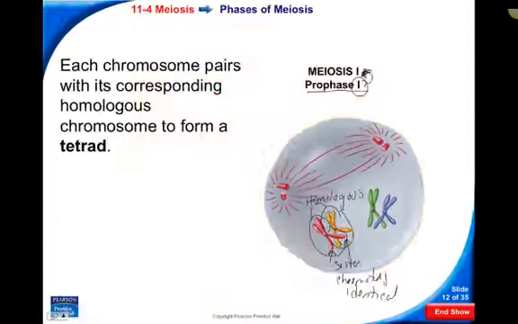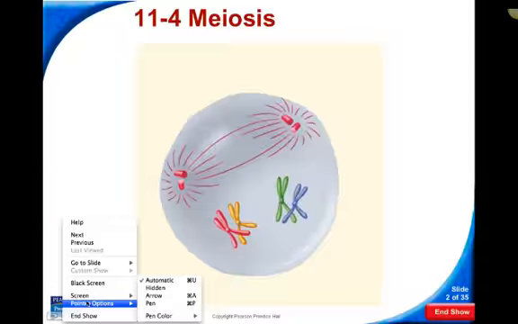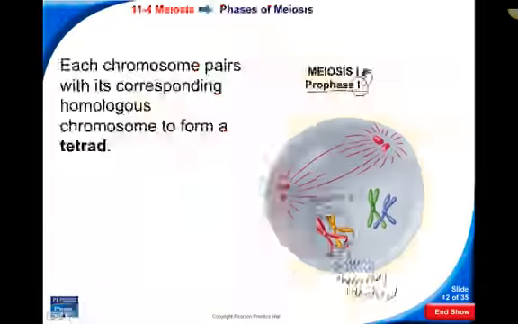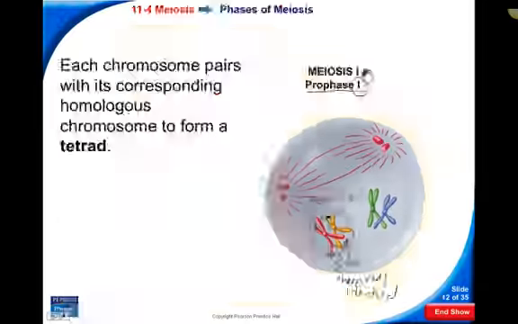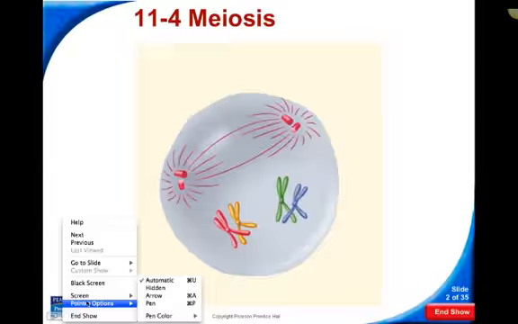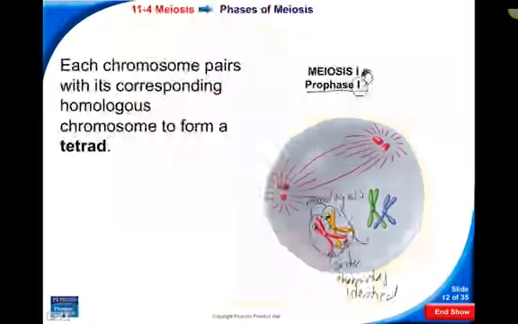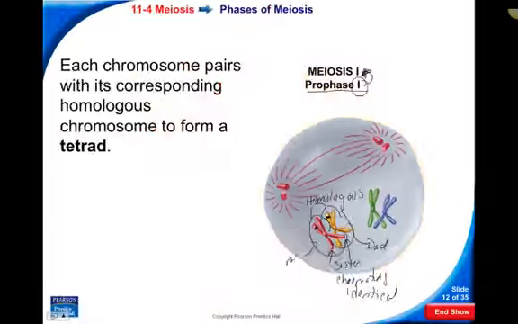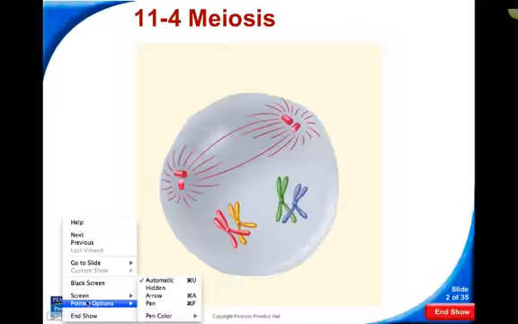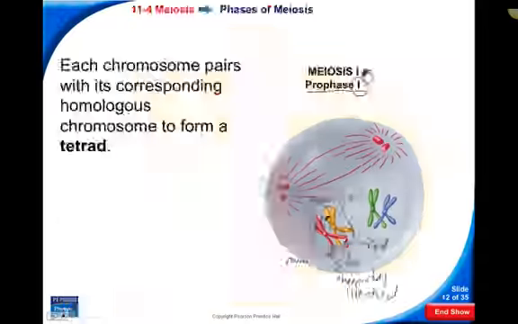Remember we were saying this might have the trait for red hair color, and over here we might have the trait for brown hair. We're going to say the yellow one came from the dad, and the red one came from mom. So these came from the parents of this organism.